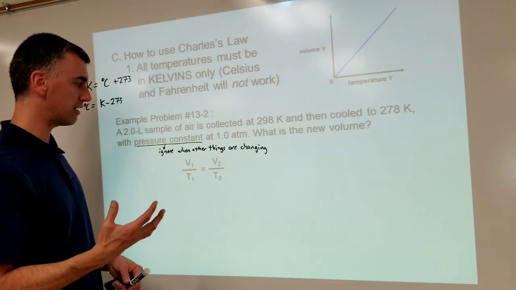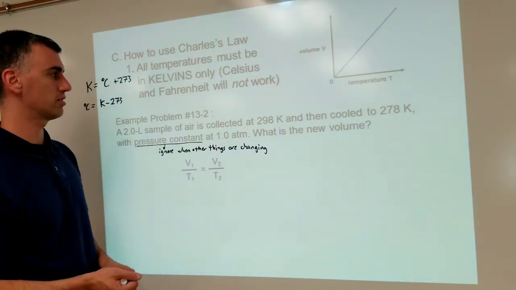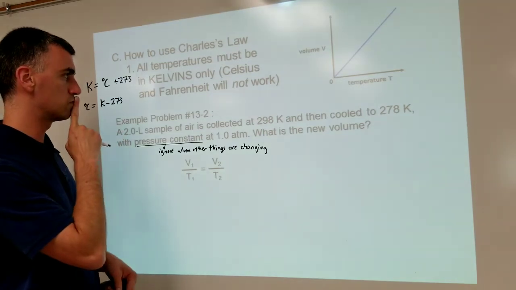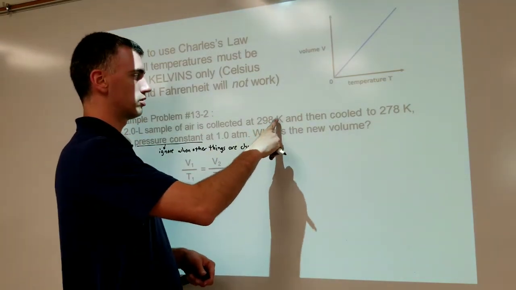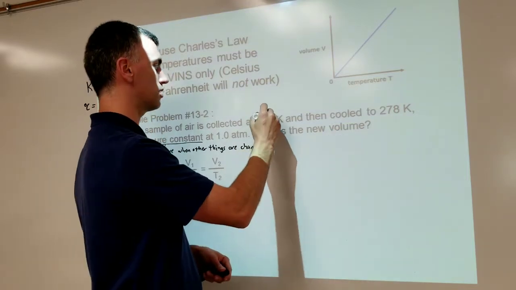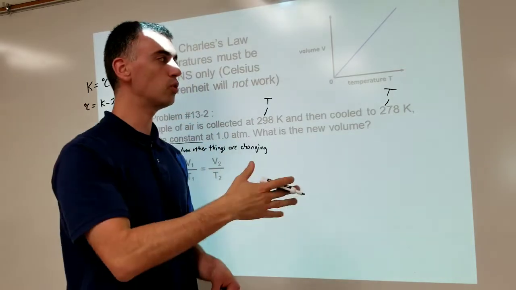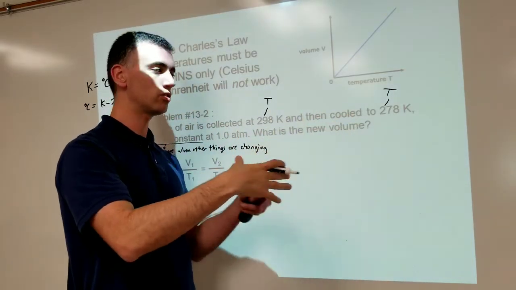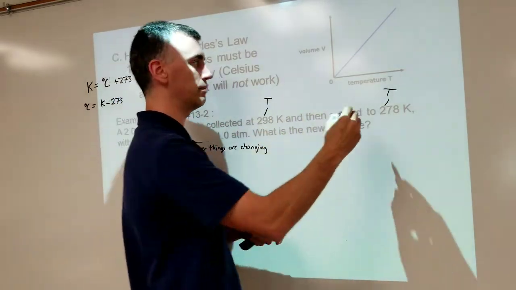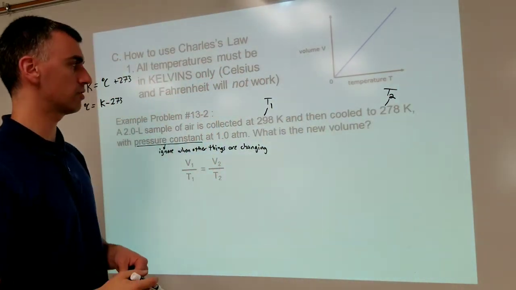So then once you have that, the process becomes the same. Identify your variables. So we're going to say, two temperatures. It's cooled to this. So this is going to be either temperature 1 or temperature 2. If you cool it to this, when you cool it to 278, that's what you end up with. And if that's what you end up with, then that must mean what you started with is right there.